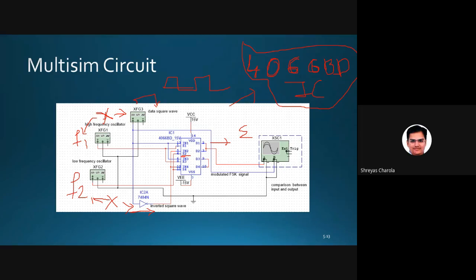Quad bilateral switch. Now all of you, what you searched is not exactly incorrect: it is a quad bilateral switch.